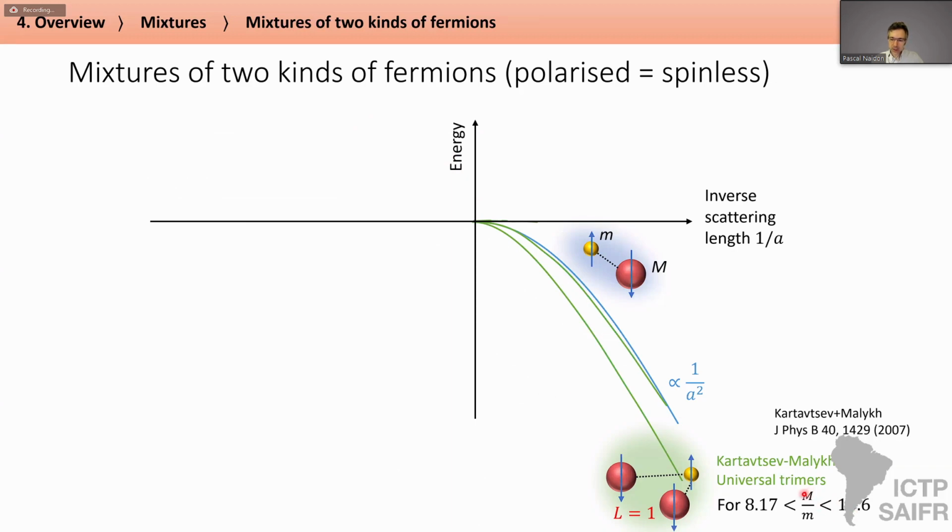Now, if we consider a mass ratio that is smaller than 13.6, so there's no Efimov effect because the Efimov attraction is too weak, but a mass ratio that is larger than 1.17, it turns out that the reasoning I showed you before was actually right at unitarity.